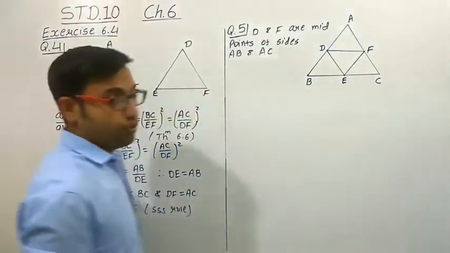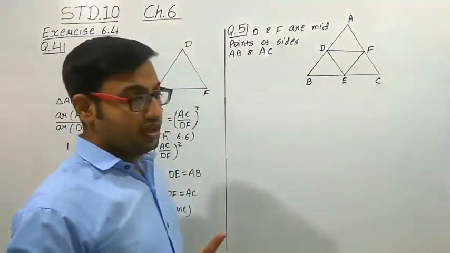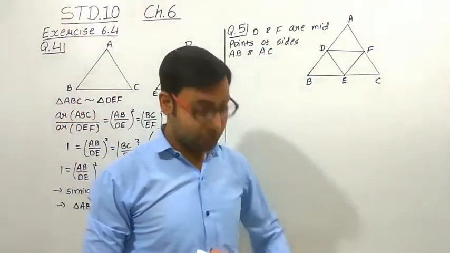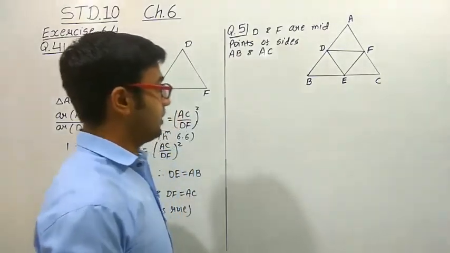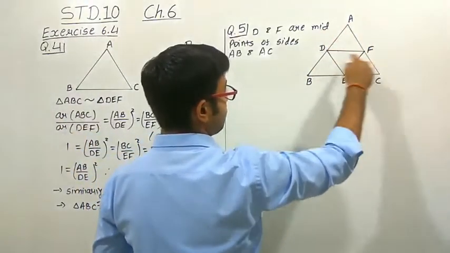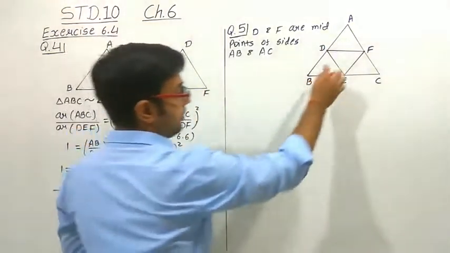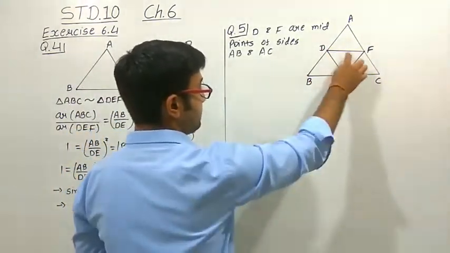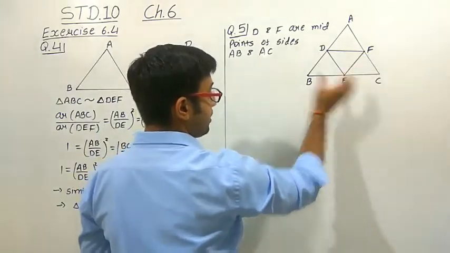So remember the midpoint theorem that we have studied in standard 9, that if we join the midpoints of two sides of a triangle, then the line segment we get will be parallel to the third side.